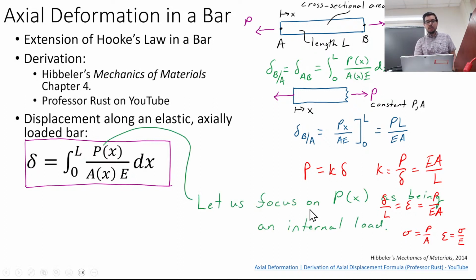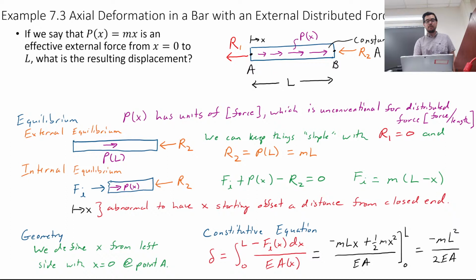Let's just make sure, though, that we remember that the P is an internal load, because we're about to go a little bit further. We're about to say, what happens if we're using an external distributed force?